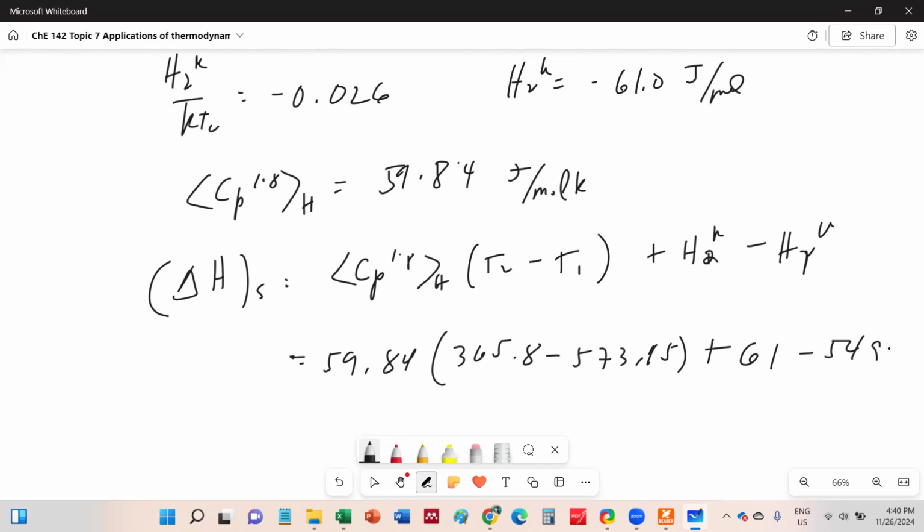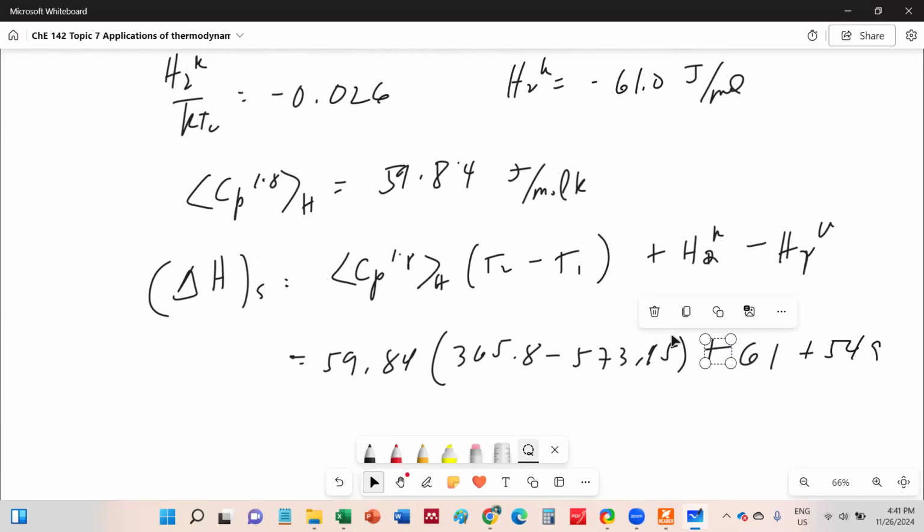So the value is, after evaluating, what you will get is, oops, this should be positive and this should be negative. Positive H, let me correct this.